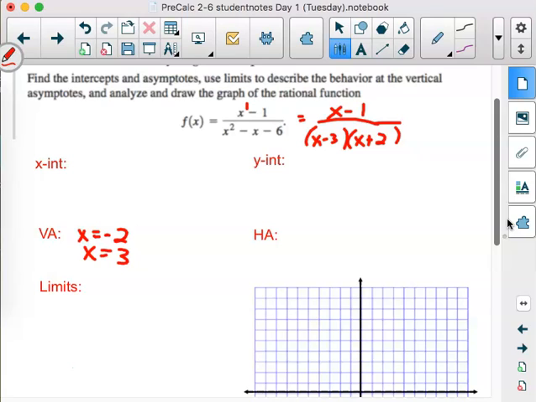Now I start thinking about, well, the other asymptotes, horizontal asymptotes. Well, let's see. If I put infinity in here, I have to remember the -1 and the -6 not doing anything.